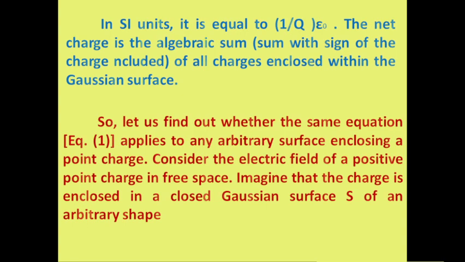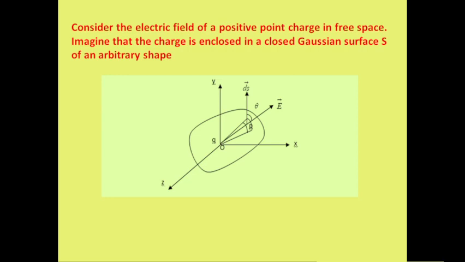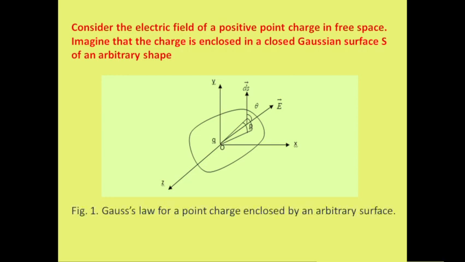For that we have to consider a closed arbitrary surface which encloses a point charge in free space. Imagine that it is enclosed within the Gaussian surface, which is of arbitrary shape. We can understand with the help of this diagram. This is the diagram for Gauss law for a point charge enclosed by an arbitrary surface.